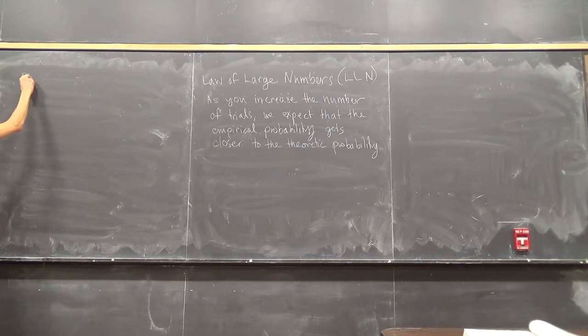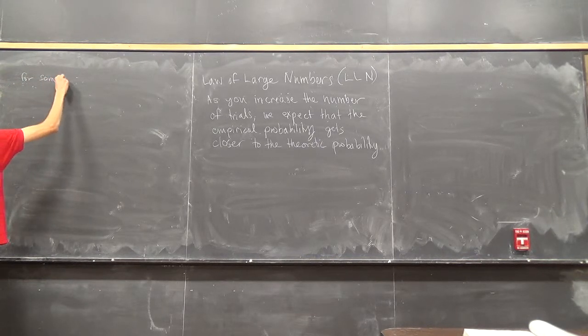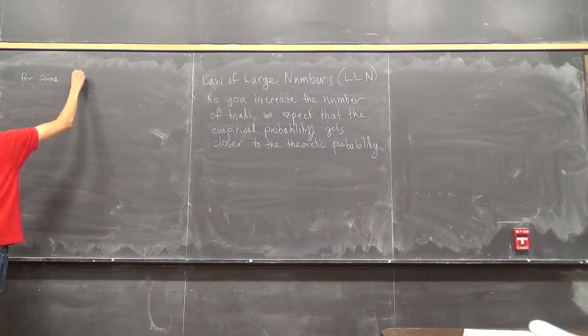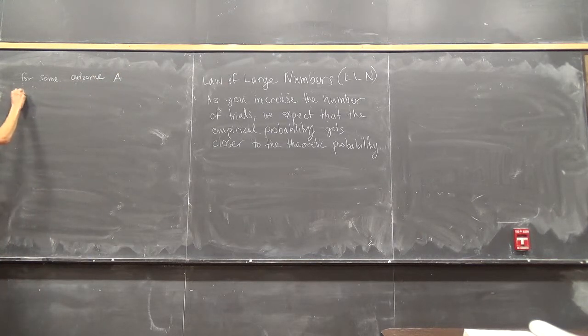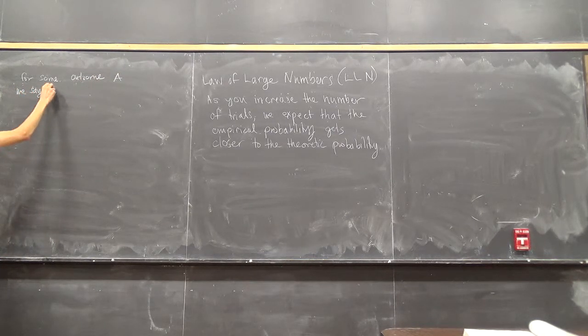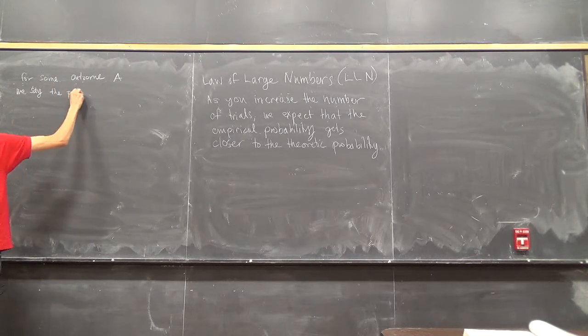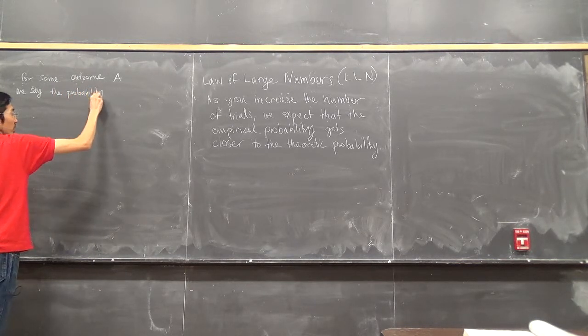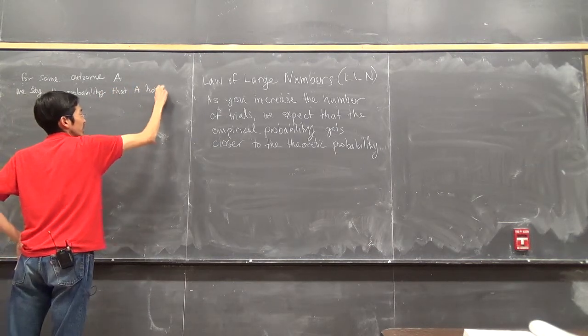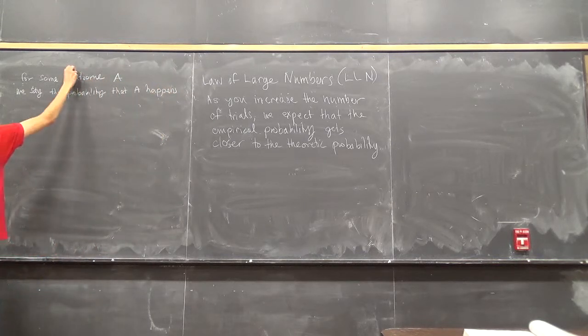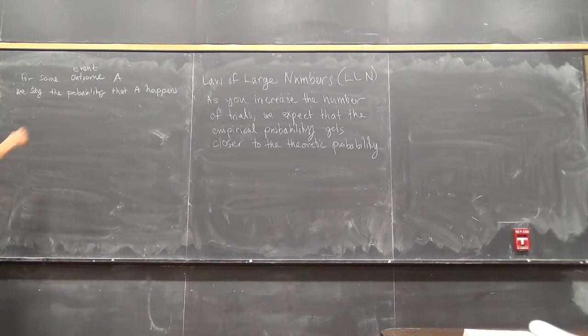So for some outcome A, we say the probability of A occurring, that A happens. Okay, so this might also be known as an event. So for some event A or outcome A, we say that the probability that A happens is written as the probability of A is equal to some number.